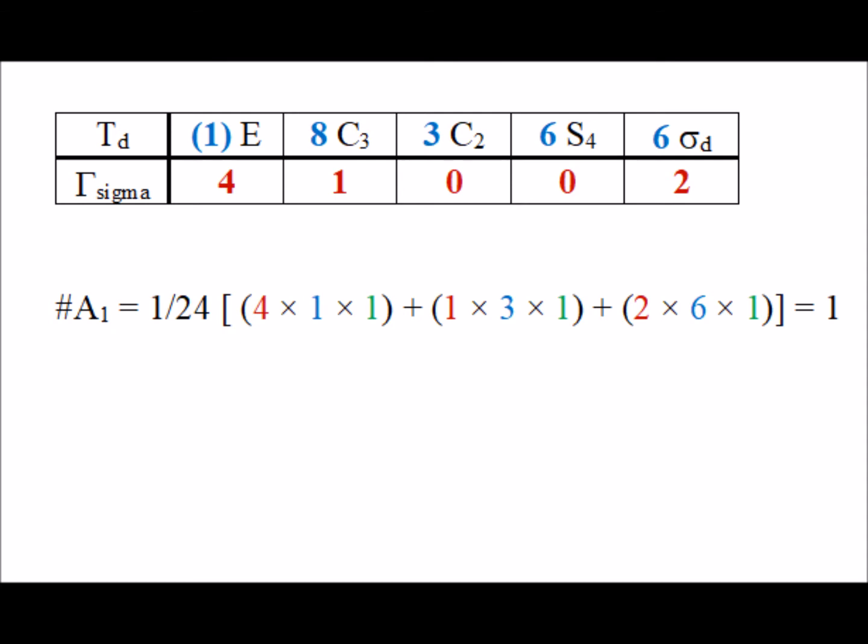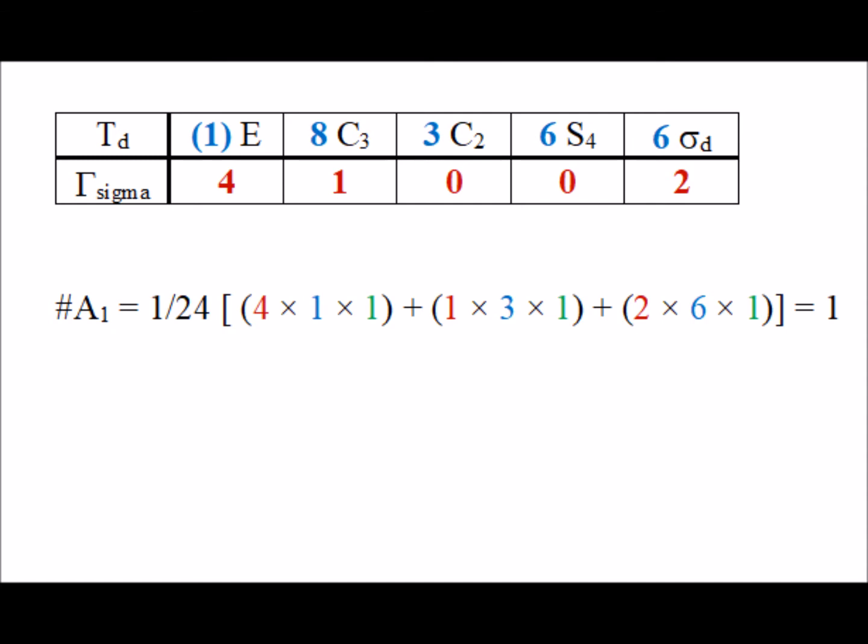The first factor in each term is a number in red, which we see is the character for the reducible representation. The second number, which is shown in blue, is the number of operations in the class. So we see for the first case that the number of operations in E is 1. And the number in green comes from the character in the character table for Td.